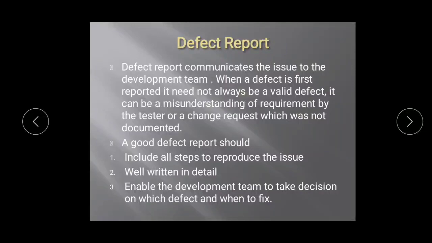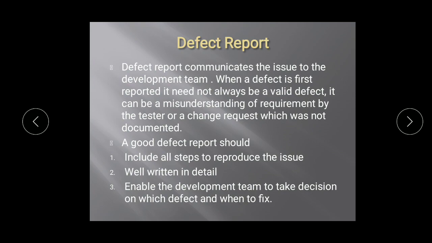The development team should be able to check the problem and then issue a particular solution, as well as give a duration for when they will fix it. These are the steps taken for a good defect report to be written.